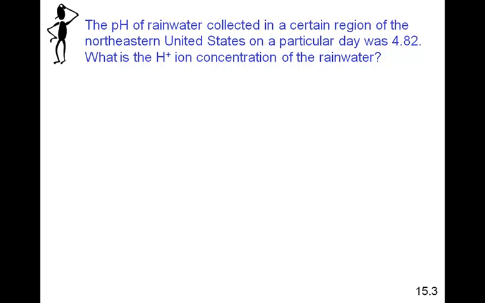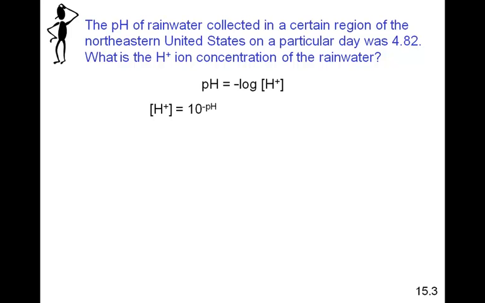The pH of rainwater collected in a certain region of the northeast United States on a particular day was 4.82. What's the H plus concentration of the rainwater? Well, pH is equal to minus the log of the H plus concentration. Now remember, we don't want the pH, we want the H plus concentration. Rearranging that equation, we see that the H plus concentration is equal to 10 to the minus pH power.